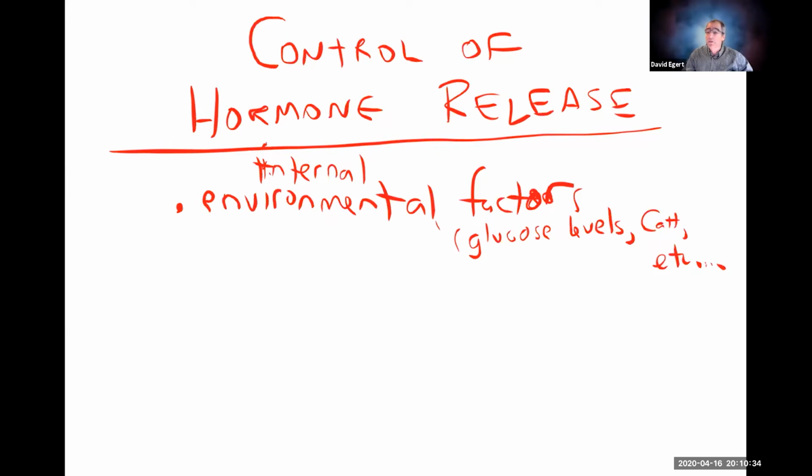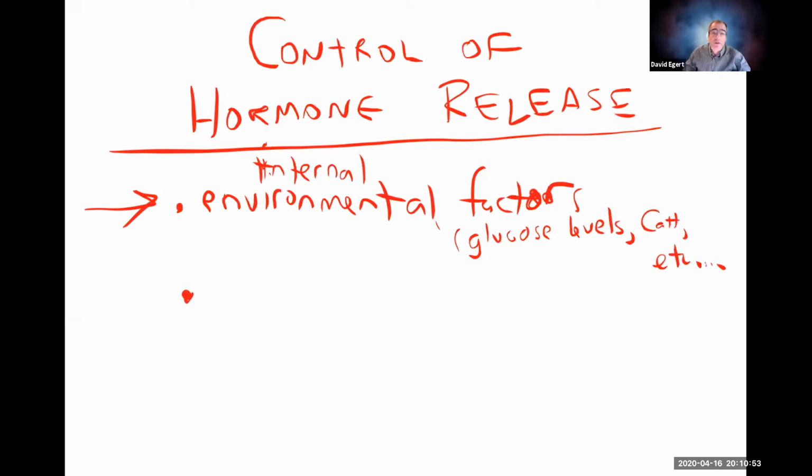If your sugar levels are dropping, you're going to release glucagon, for instance, to tell your liver to release stored carbohydrate to bring your sugar back up. So sometimes hormones are controlled by just environmental factors in your body.